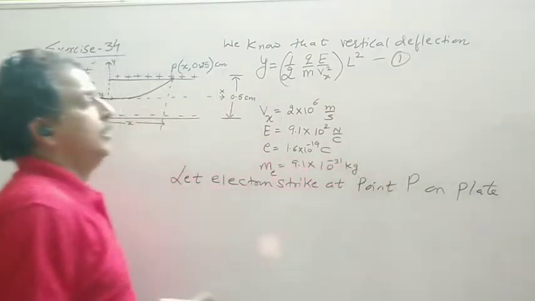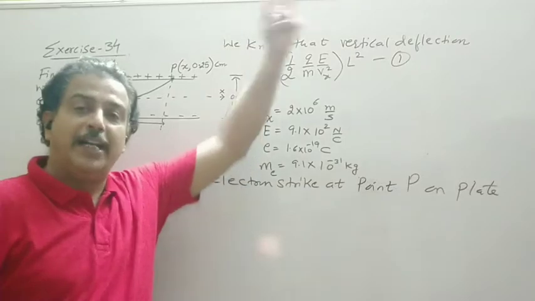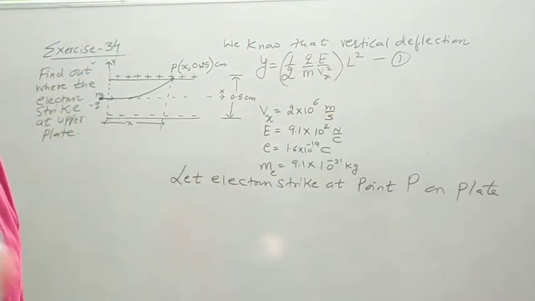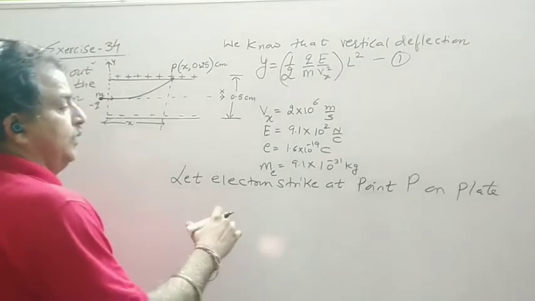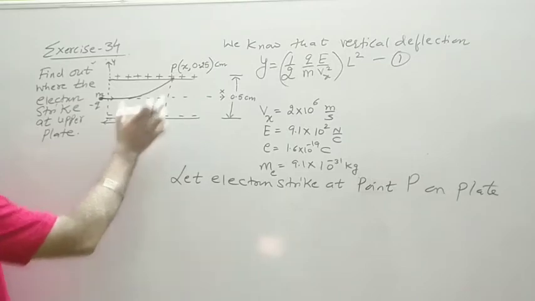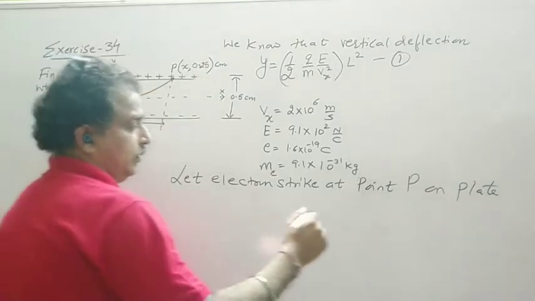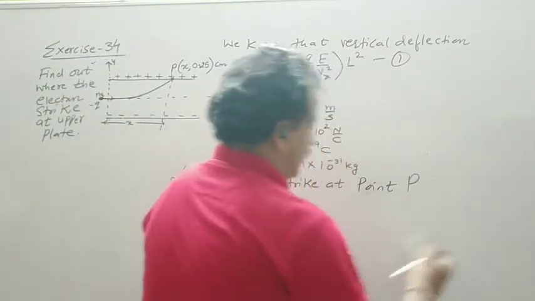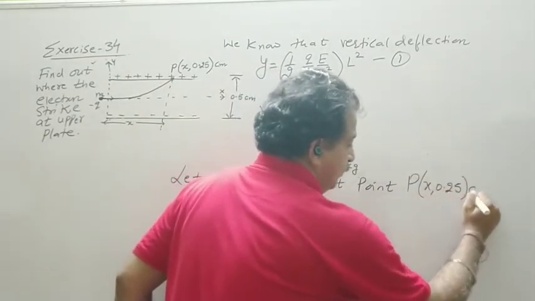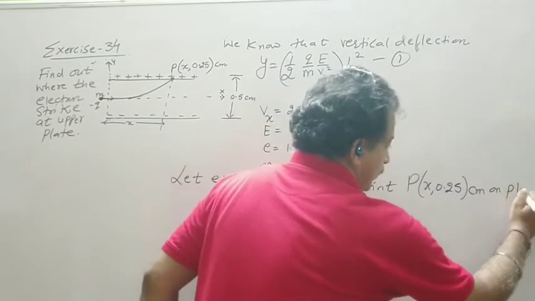This is the formula for the far edge point. Here the electron strikes at a distance x, the x coordinate. So let us write the coordinates of point P as x, 0.25 centimeter, on the plate.